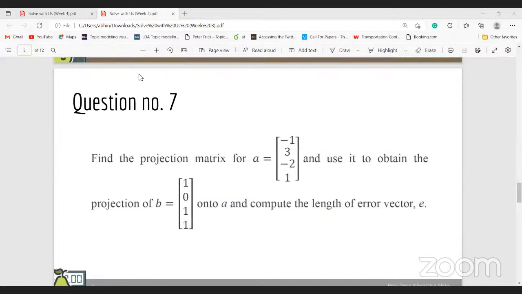Sir, can I ask you something else? Yeah, please. It's related, but I'm not used to this terminology error vector, though I know vector calculus. So, sir, is this the sine component of that projection? Like, if I project B onto A, there will be a sine component, the perpendicular.